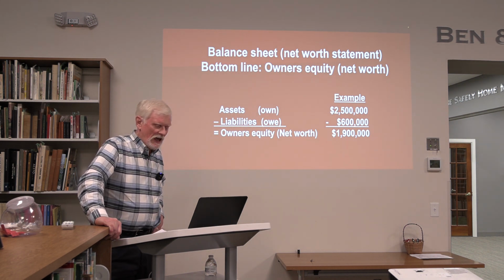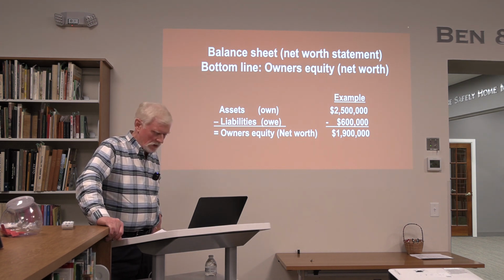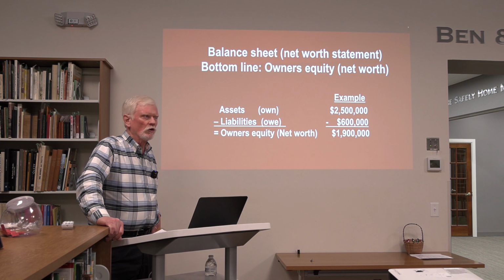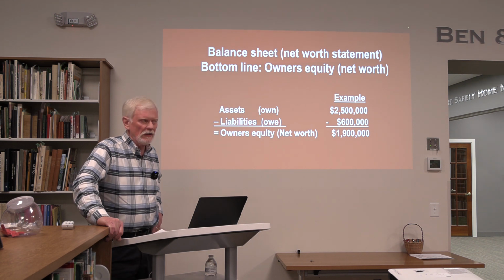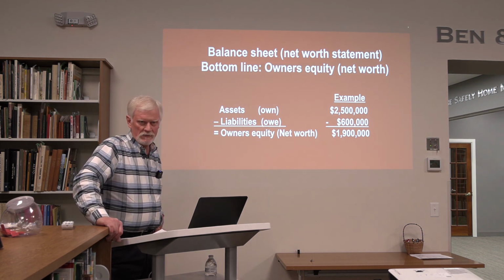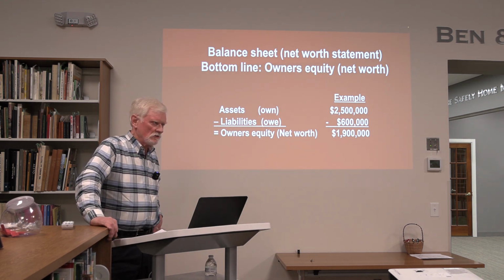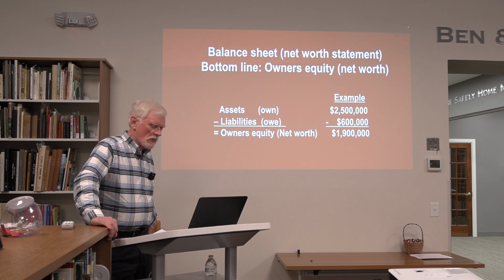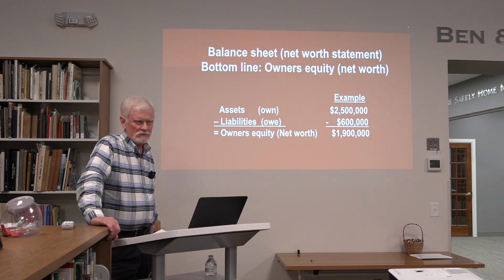Okay. Now the example here is we calculate the bottom line by taking assets, or what we own, not income. It's what we own: things, land, buildings, animals, bank accounts, equipment. Subtract out what we owe, debt, liabilities. And that's owner's equity.